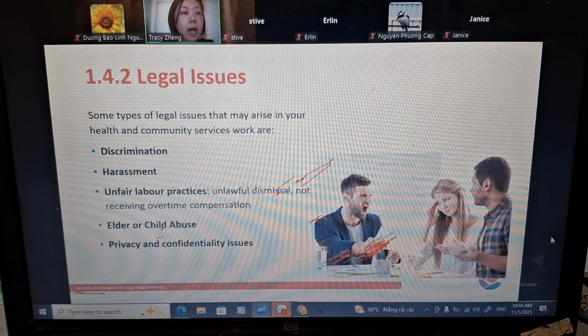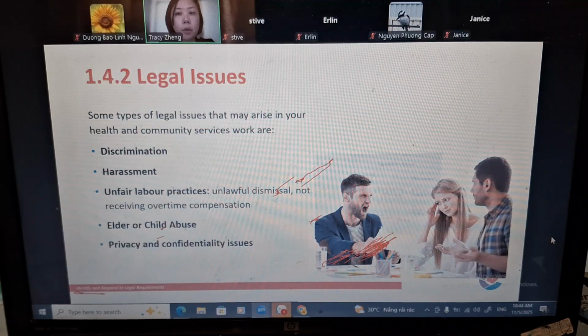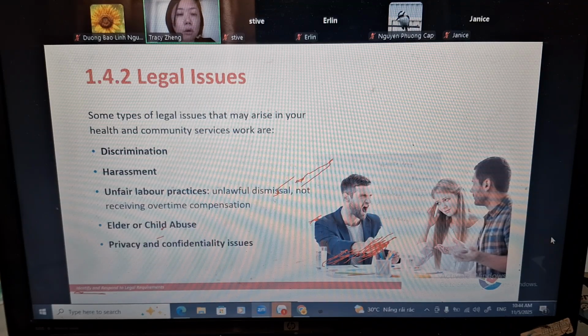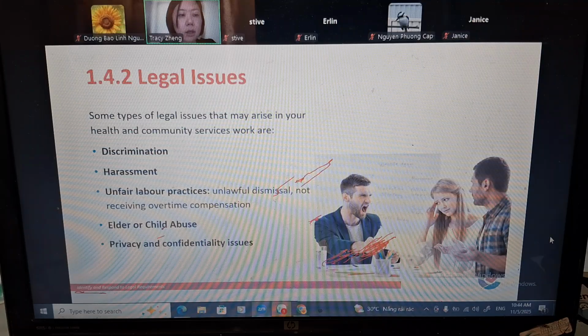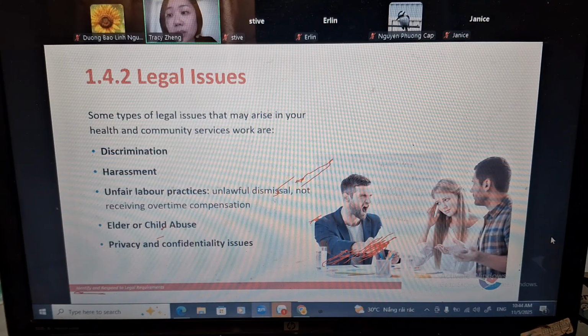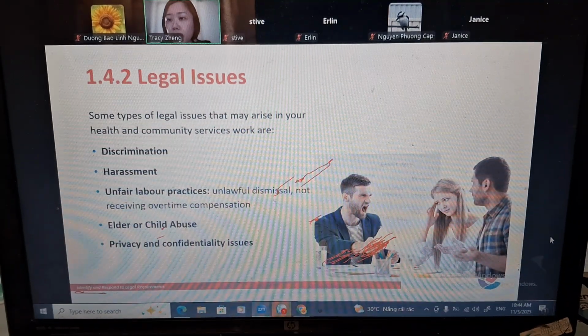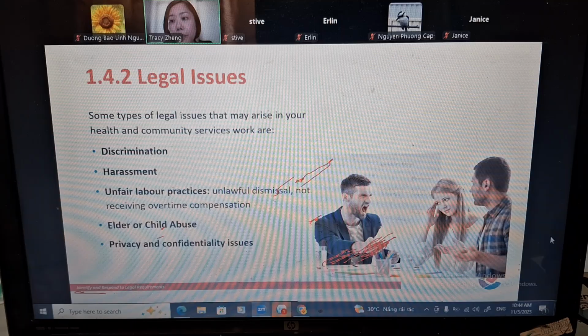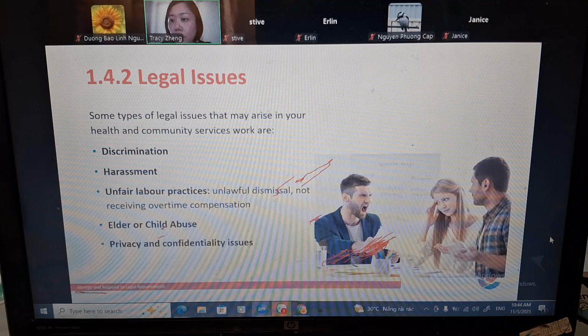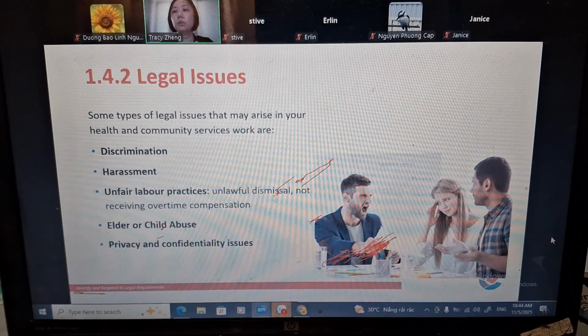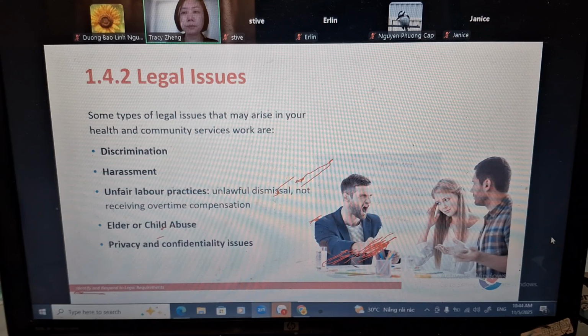Also unfair labor practice. For example, if you or any of your colleagues are dismissed or terminated by the employer for unlawful reasons, or not receiving any overtime compensation, that will be considered unfair labor practice. If your employer needs to terminate your contract, they must have a proper reason. They can't just say, oh, because you are late, I'm not happy about your performance, and terminate you. No, they can't do that, right?